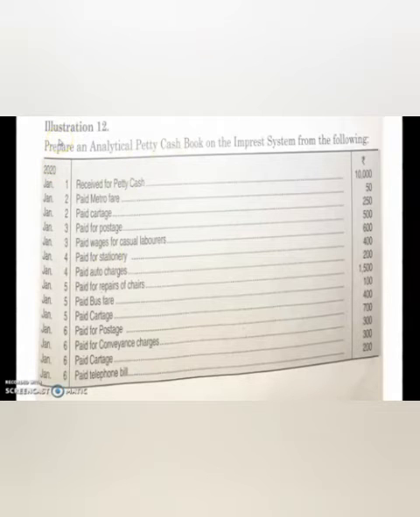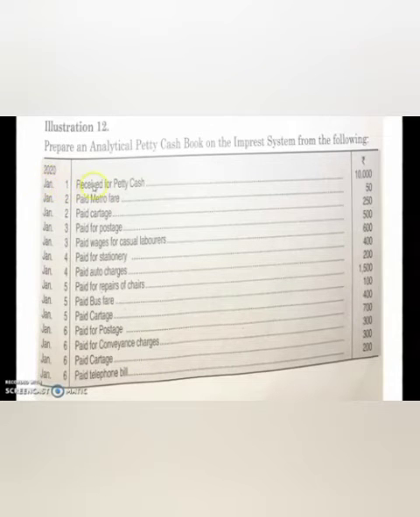So it is an illustration from your textbook. 12. Prepare an analytical petty cash book on the Imprest system from the following. The year is 2020 and the transactions related to 1 week of January are given to you. So all those small expenses are mentioned over here. So let us start our working.